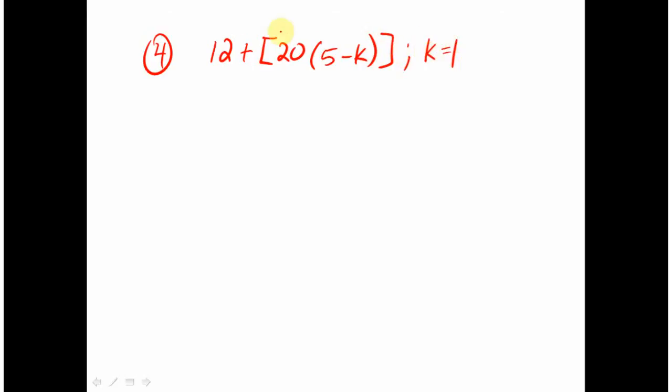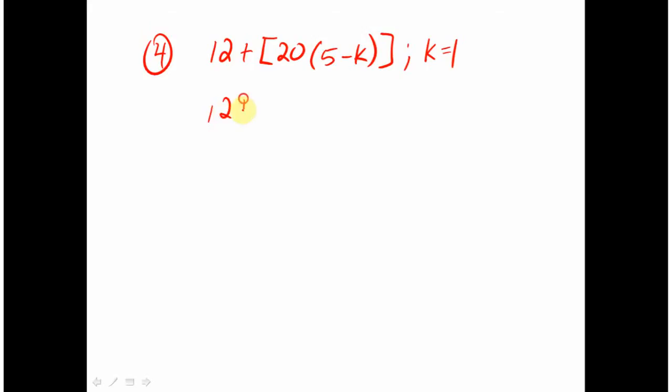And we'll do one more here. This time we're going to say we have 12 plus, in the brackets, 20 times the quantity 5 minus k. We'll end our brackets, and we want to figure out what that expression's worth when k is equal to 1.